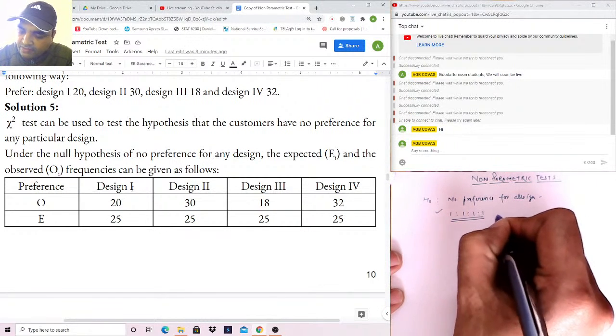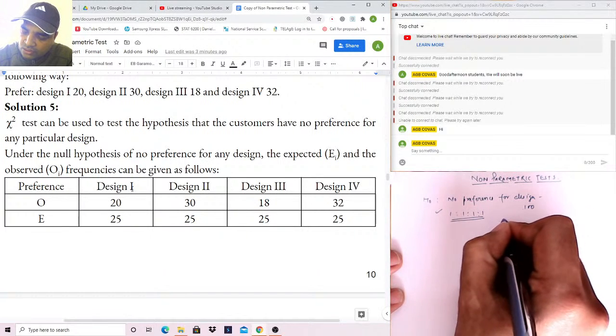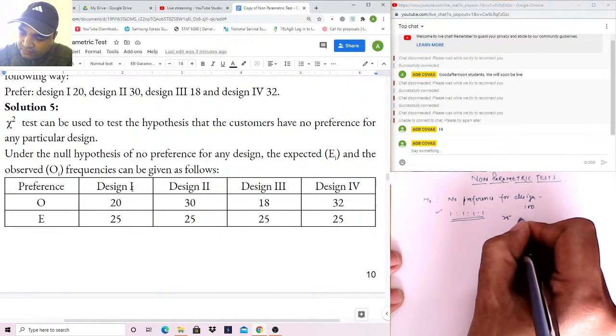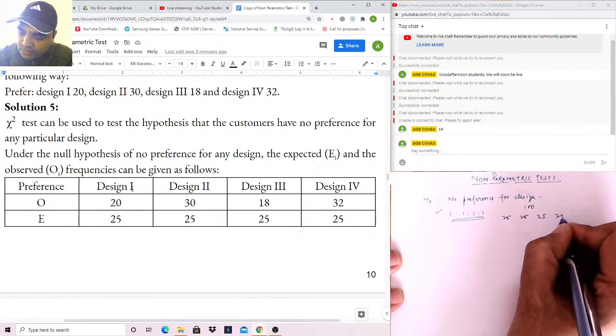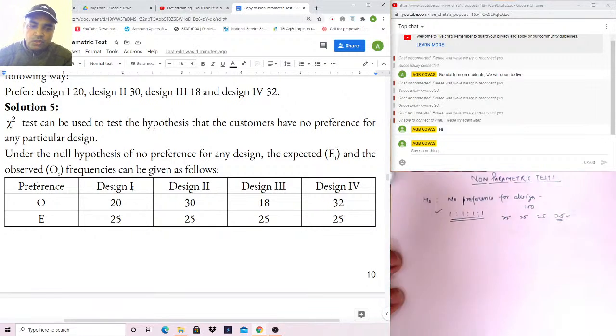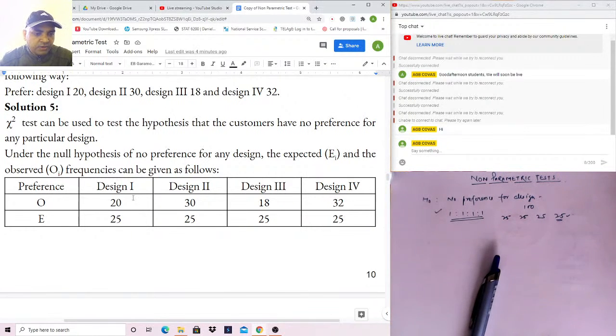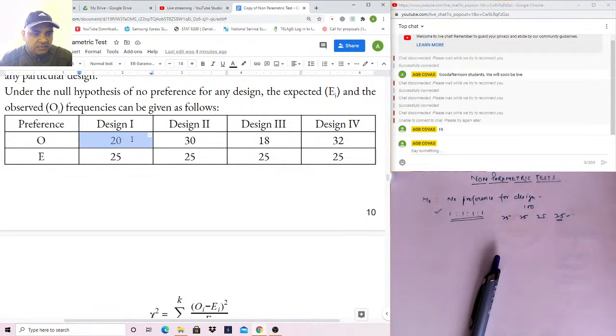It means if there are 100 customers, 25 should like design 1, 25 should like design 2, 25 should like design 3, and 25 should like design 4. Our observed frequencies have been given to you, that is design 1 is liked by 20, design 2 by 30, design 3 by 18, and design 4 by 32. Whereas your expected frequencies are 25, 25, 25, 25, based on our hypothesis that there is no preference among the customers.